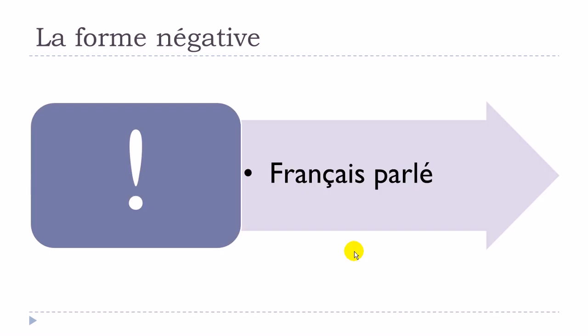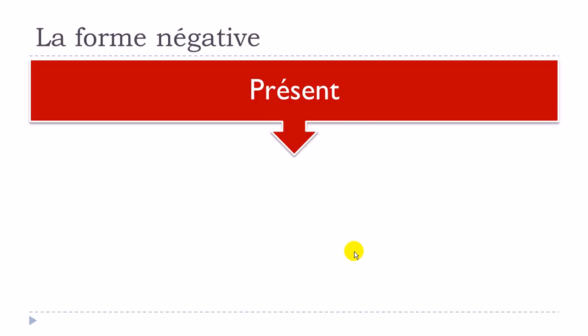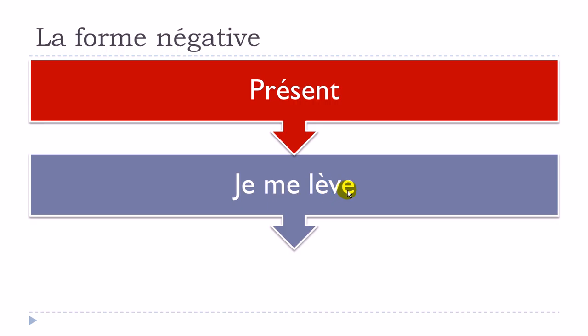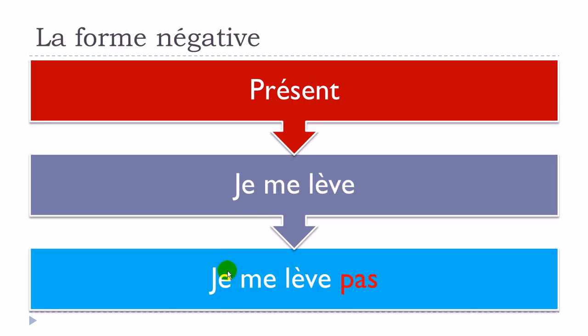Because if we're talking about youngsters, for instance, and the French that you can hear in the streets, normally when we talk about the negative, they will take the first part away. And then you've got je me lève. If you want to put the negative form, then you will only put this pas at the end. Okay? This is informal. It's not formal French.